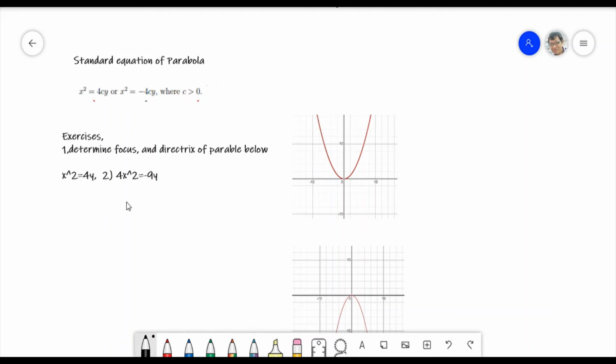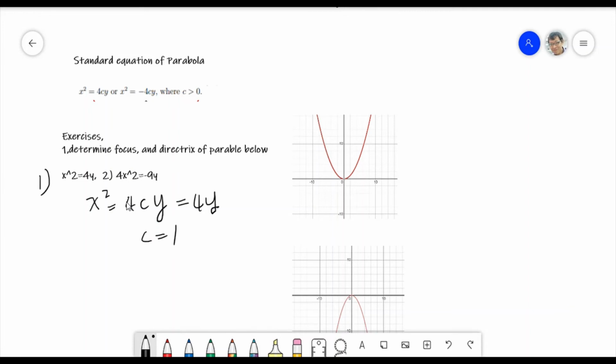Okay. So how to solve this? In fact, it's quite easy. So what's our formula for this one? The standard function we already wrote in that, right? Standard function is x squared equals to 4cy. Am I right? So here the function is the first one, x squared equals to 4y, so we write in 4y, which means c is equal to 1.